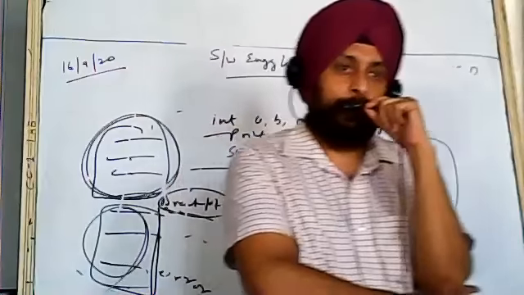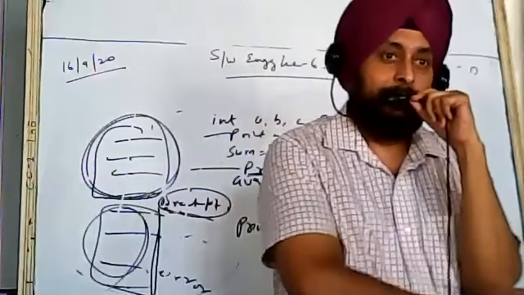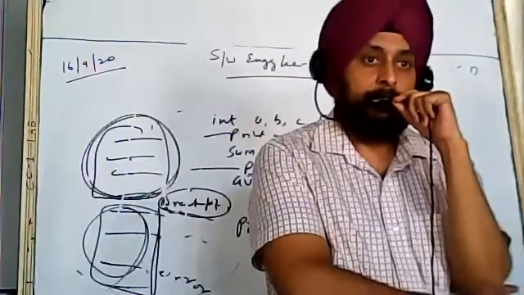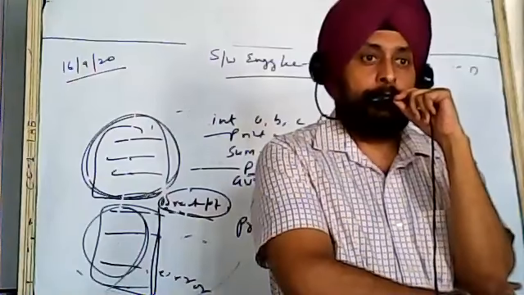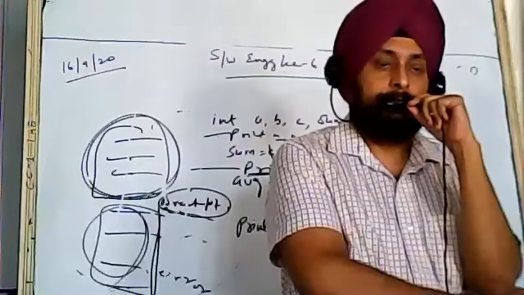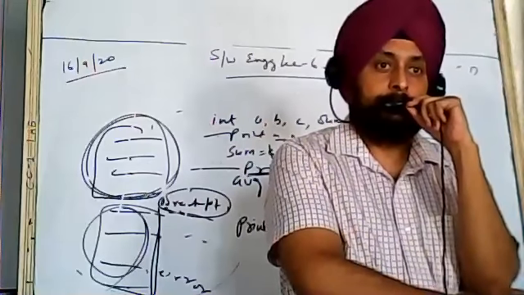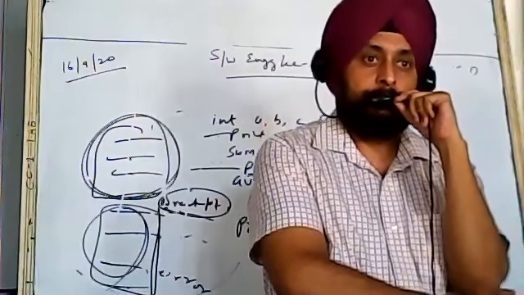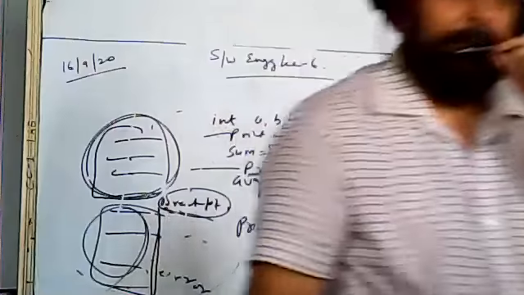Very easy poll. Only two options are there. You have to select one. 4 students left now, and I will end the poll in 10 seconds. So I'm just ending the poll.